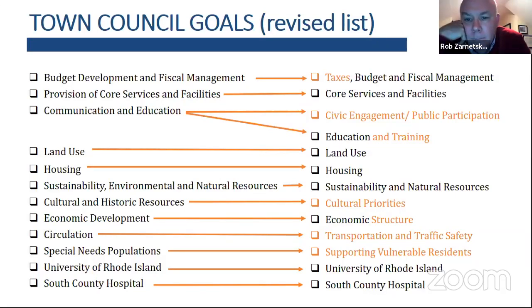Okay. I've got the concept, and I think we're still at the goals level. So I think we're at the right level for continuing down the list. It's interesting that cultural priorities caught my eye too. It talks about history and culture, but we don't recognize the Native American population that was here before us. While we're going to call out landmarks or whatever, we might want to strive to recognize that we're on land that belonged to others.